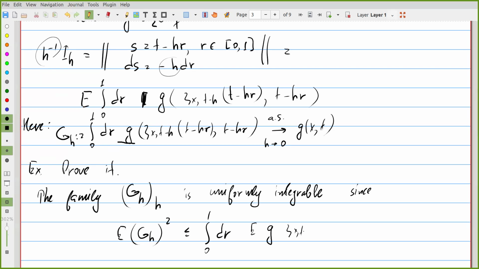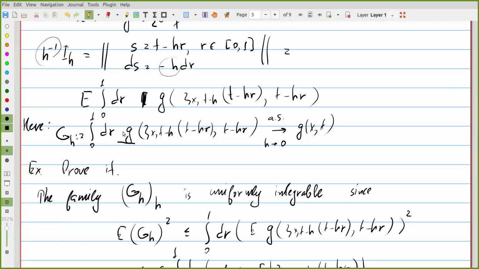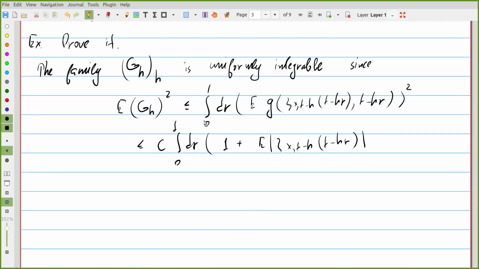Psi x t minus h r squared, and this is less than some constant times the integral from 0 to 1 dr of 1 plus the mathematical expectation of this expression to some power that depends on the polynomial that is used for f second derivative, which is finite for some.